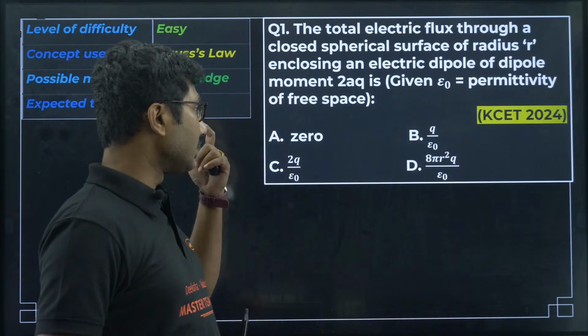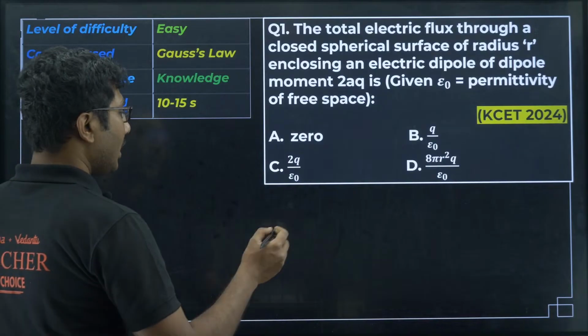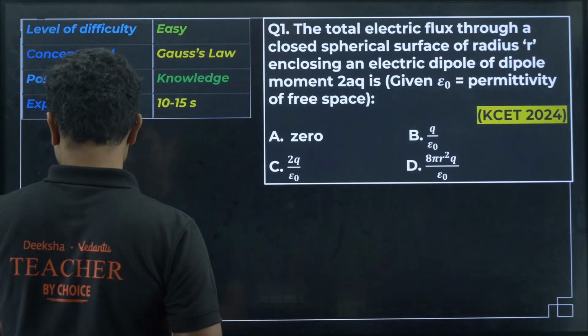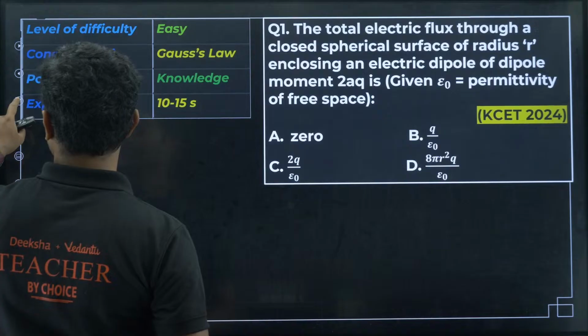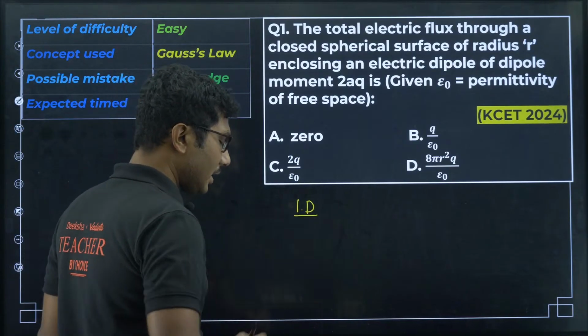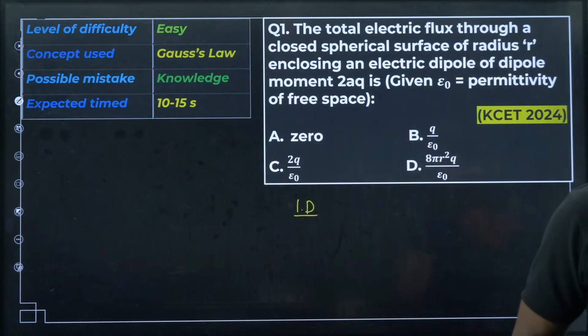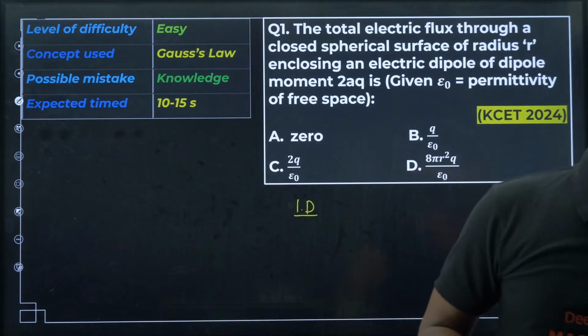I will also mention the question number. Suppose question number 1 has correct option D, you have to mention question number 1 option D. So 1D, you should answer like this. This is the format that we use. Okay, 1C, Pooja is saying 1C, Rohit is saying A. Rohit, 1A, mention 1A like Pooja has mentioned.